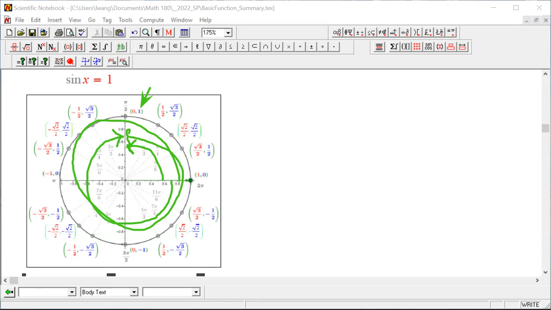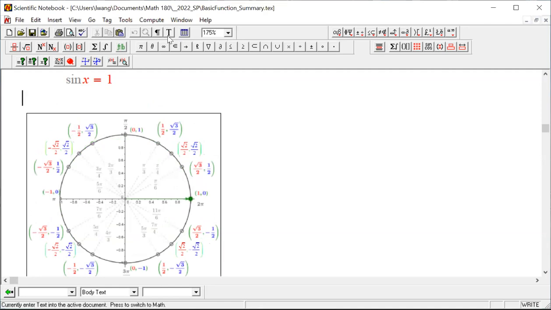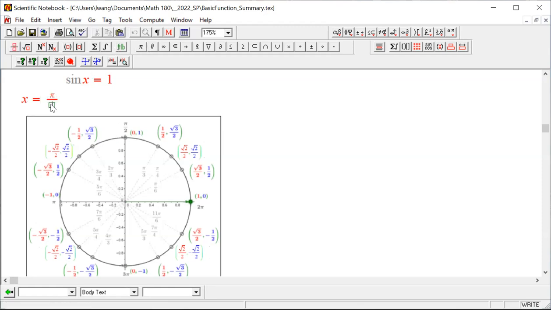So let's think about the angle measurement. What will cause sine x to equal 1? Pi over 2 will cause it, right? Let's do one by one so we can find a pattern. 5 pi over 2.